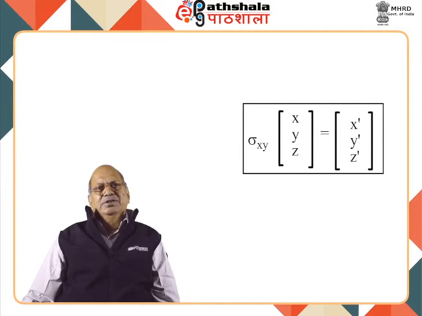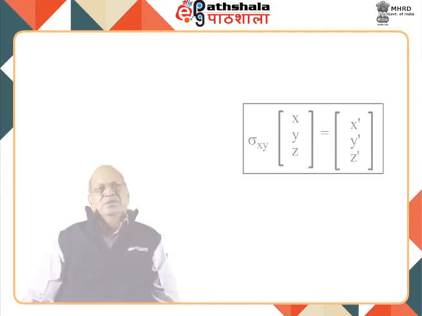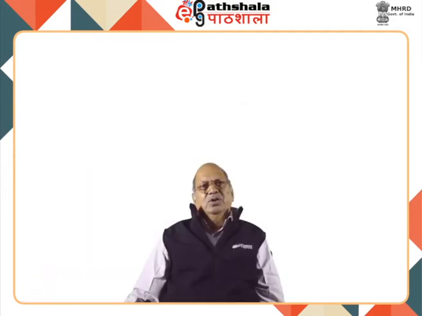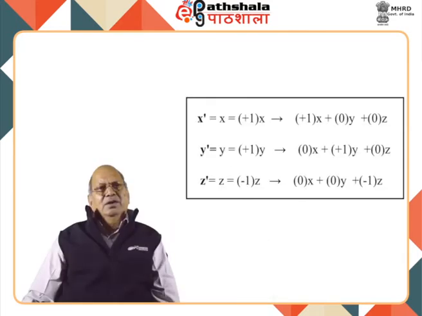Sigma xy operation on x, y, z unit vectors can be written as, again, sigma xy operated on x, y, z gives me x dash, y dash, z dash, and the effects of sigma xy on these unit vectors are shown. In equation form, I can write x dash is equal to plus 1x plus 0y plus 0z, y dash is equal to 0x plus 1y plus 0z, z dash is equal to 0x plus 0y minus z.